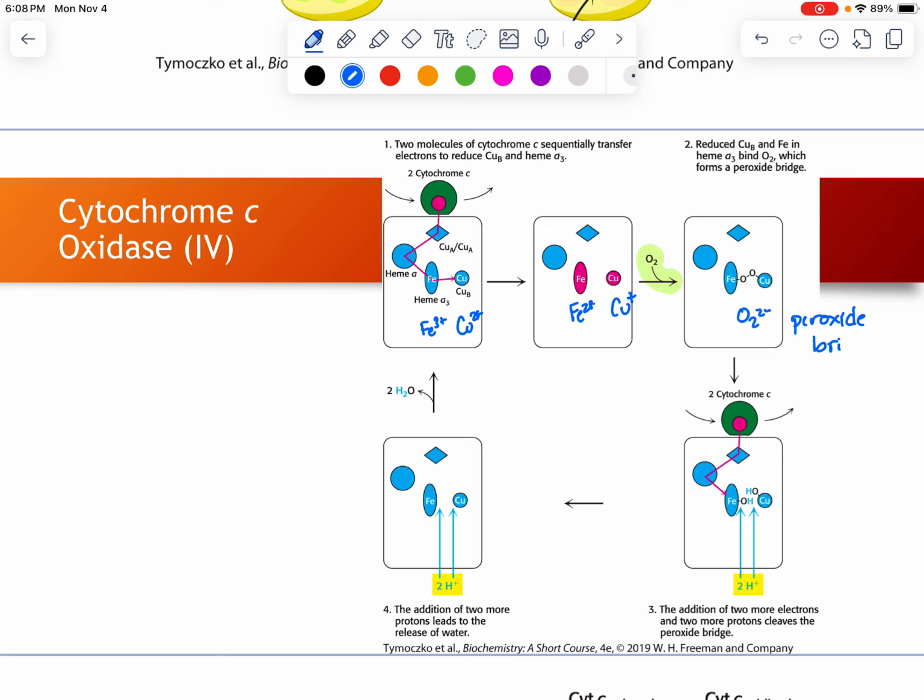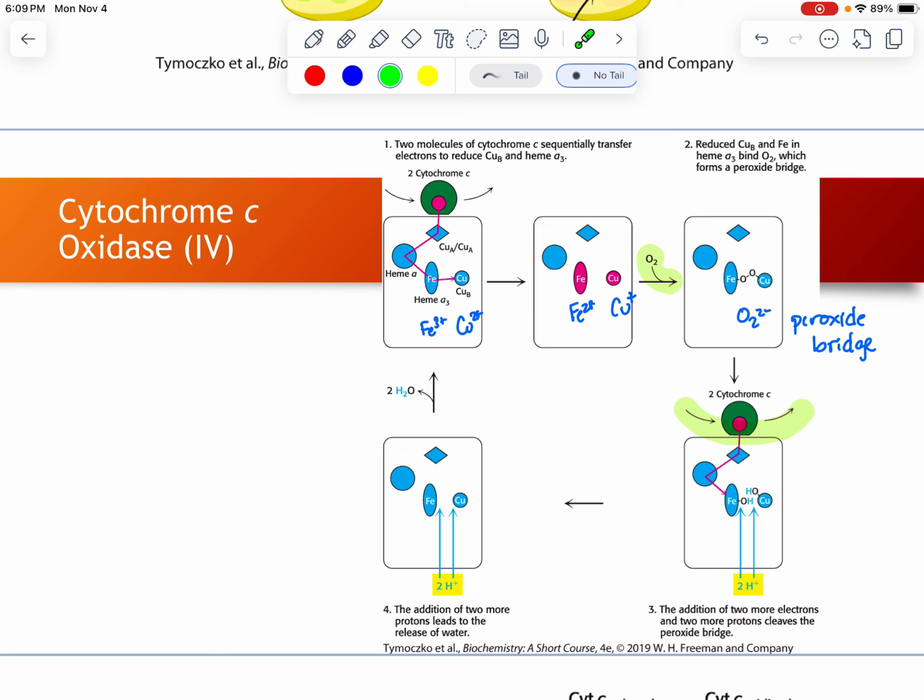Peroxide is when the two oxygens are bonded together, and so we have that. Then another cytochrome C comes in and drops off more electrons. And now that we have more electrons, they work their way down just like the last ones did, but they finally get down here to this iron and this copper.